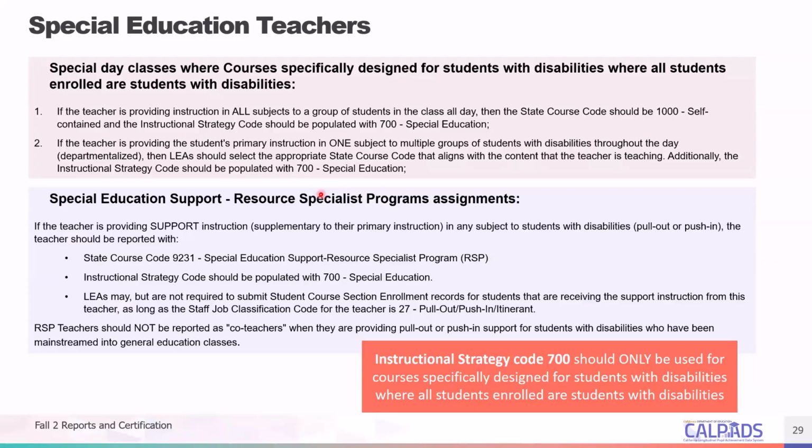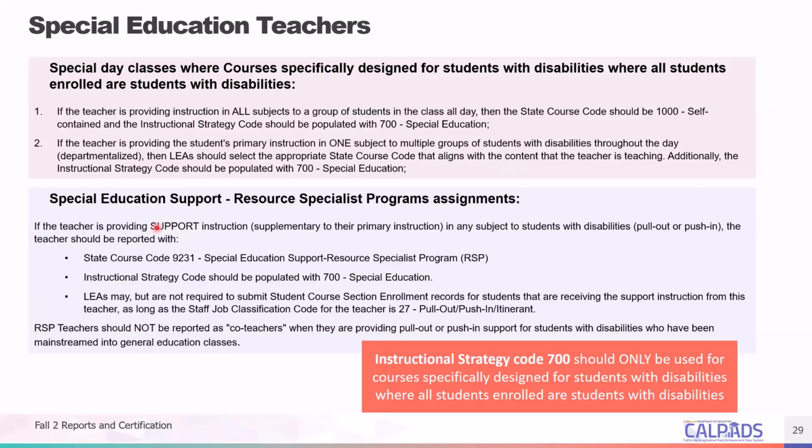Now for RSPs, special education support resource specialists, a frequent question involves RSP teachers who are team teaching with general education teachers, whether they are working in a self-contained course, 1000, or a general education class. The RSP teachers must be reported in a separate section.